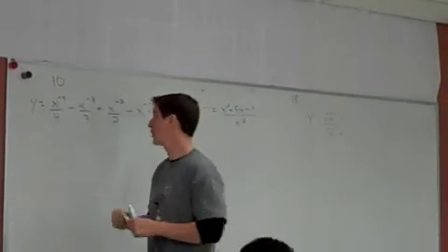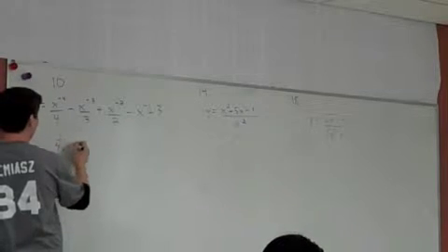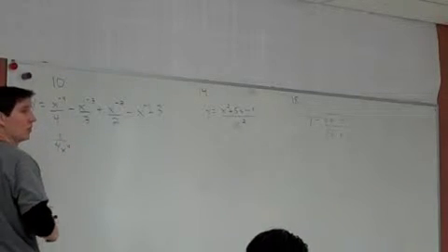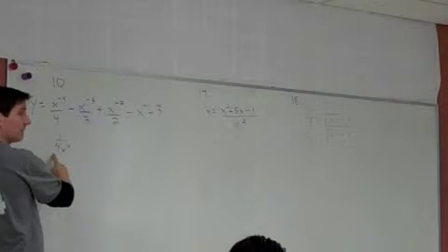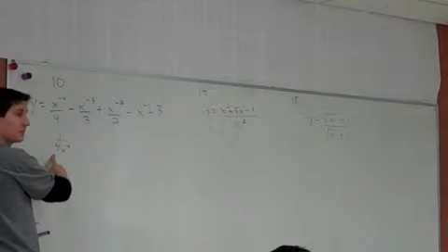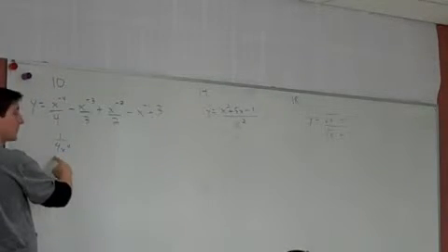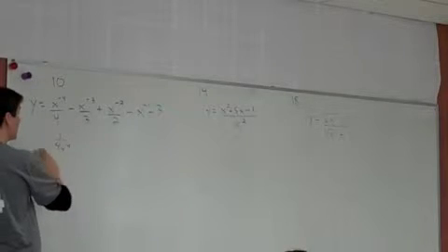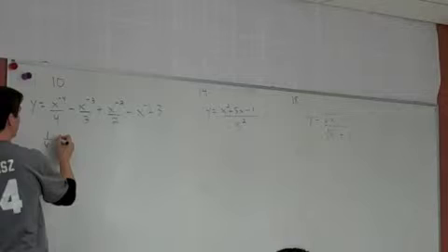So, do quotient rule with this. You guys, this is the same as 1 over 4x to the 4, right? This is the same as this? Yes? Guys, look up here. Yes. Is this the same as this? It is. Or, is this the same as this?